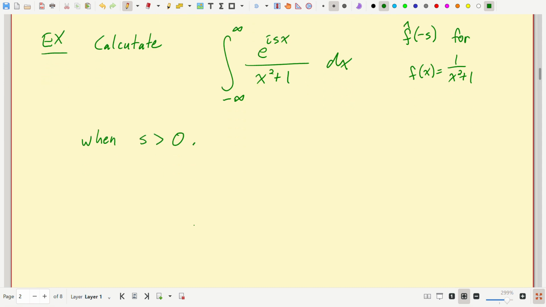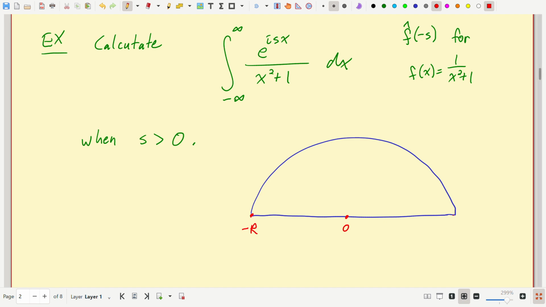Well, these things are very often applications of the residue theorem, and one of the most common contours to apply the residue theorem is this big D in the upper half plane. So 0 is here. Let's make this be a minus big radius and a plus big radius along the real line.